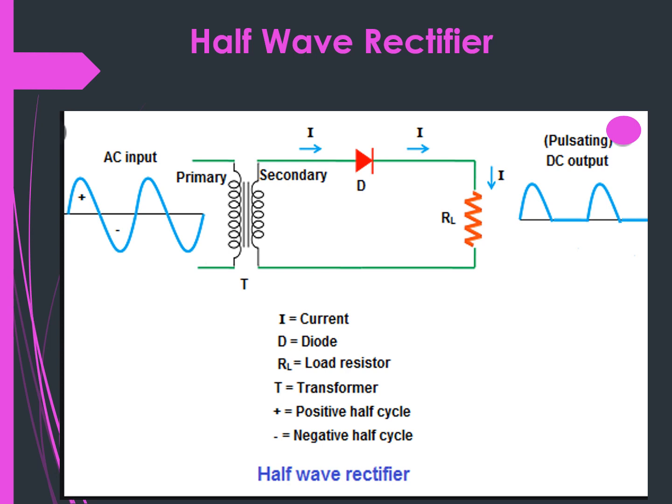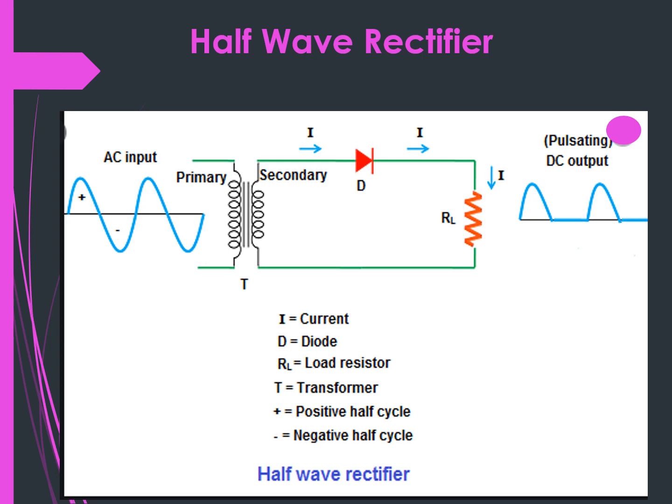Next, I can also isolate the input circuit and the output circuit because of the transformer. Thereby I can isolate the AC power line from the output circuit, so there is no chance of an electric shock. Even if back current flows, there is no chance of getting a shock. So this is the advantage.